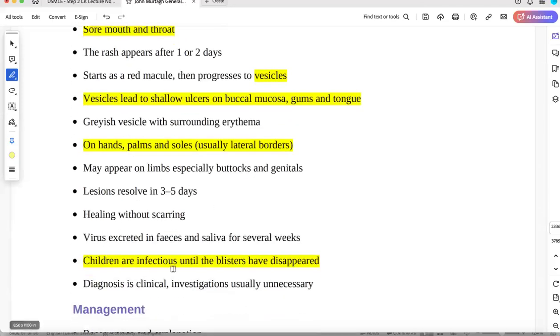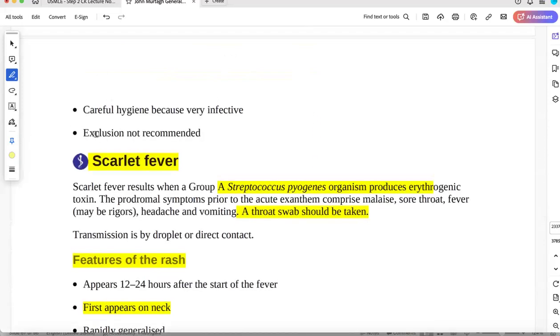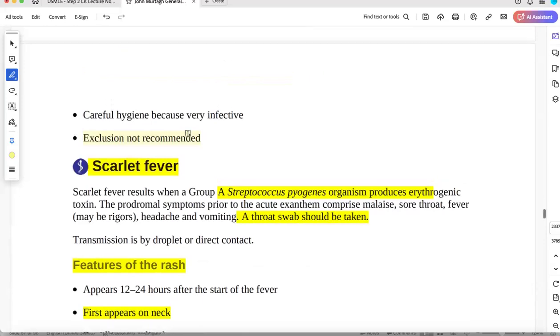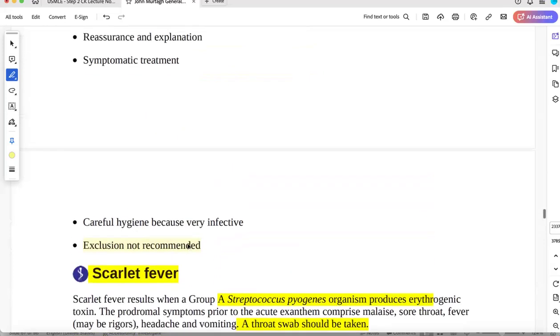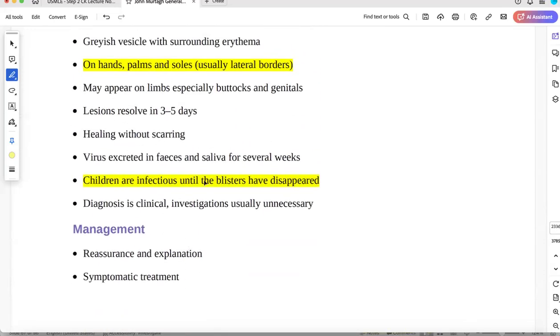Children are infectious until all the blisters have disappeared. According to RCH, there is no need for any school exclusion, and John Murtagh also says there is no need for any school exclusion. If school exclusion is not an option, sometimes we say that the child can stay at home until all the blisters have dried up at least.